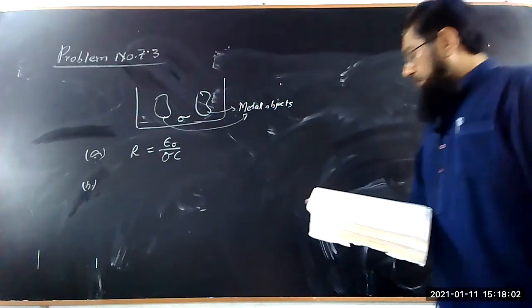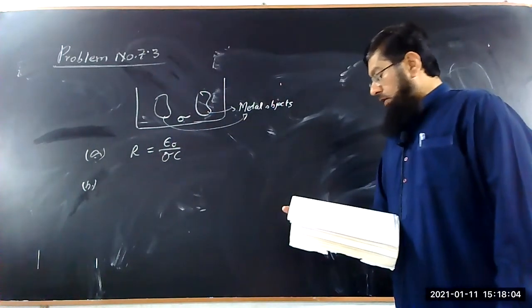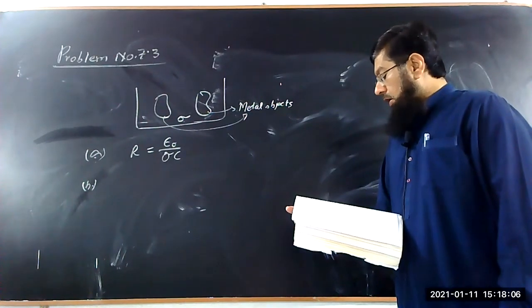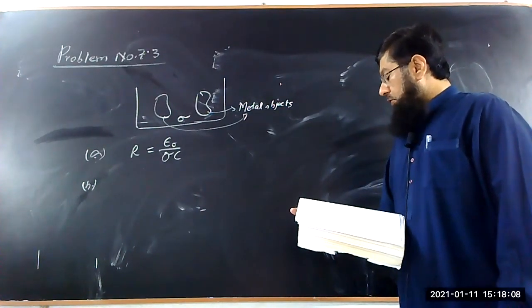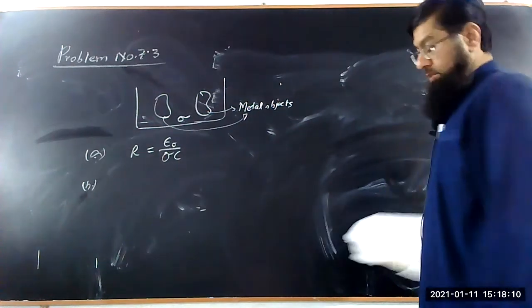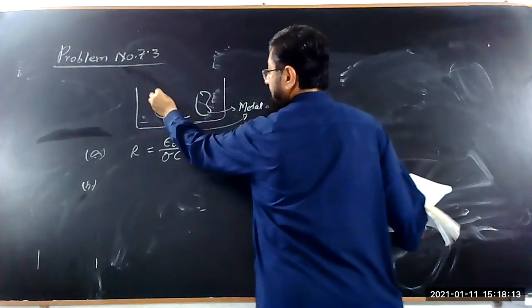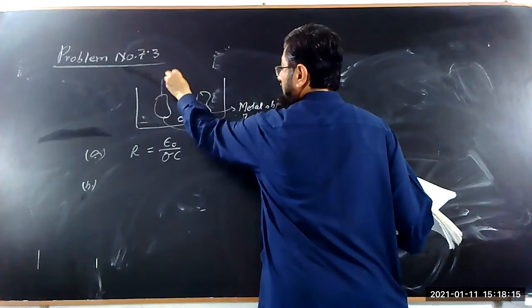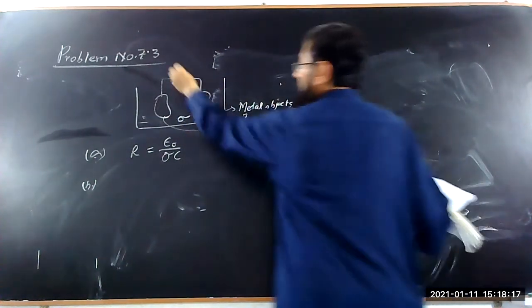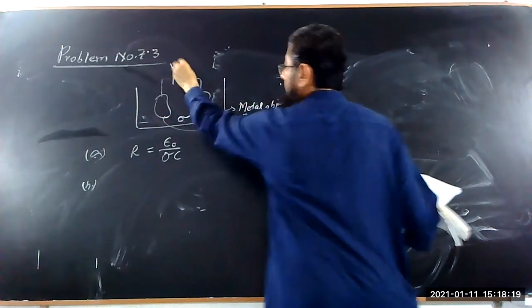suppose you connect a battery, and the two conductors 1 and 2 are charged to the potential difference V naught. It means now this is connected to the positive and negative terminals of the battery.